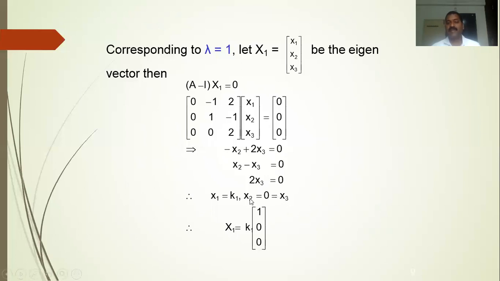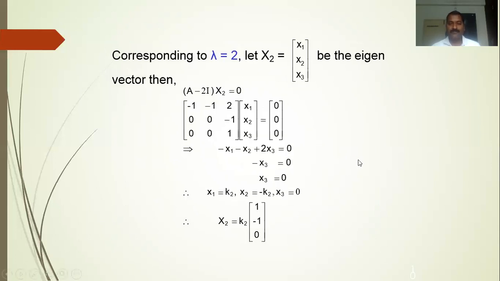So the eigenspace corresponding to lambda equal to 1 is given by k times (1, 0, 0). I'll pick one eigenvector corresponding to lambda equal to 1: (1, 0, 0).